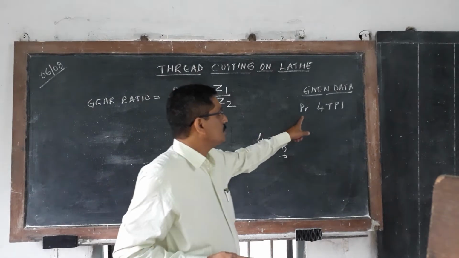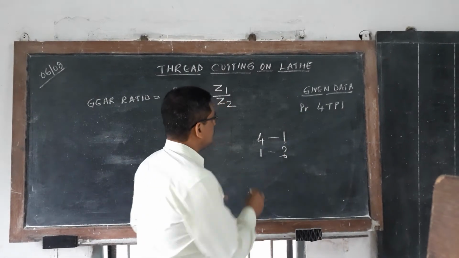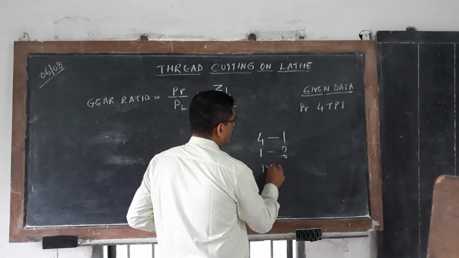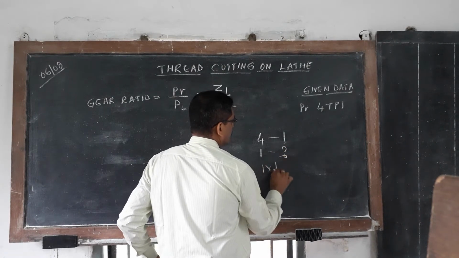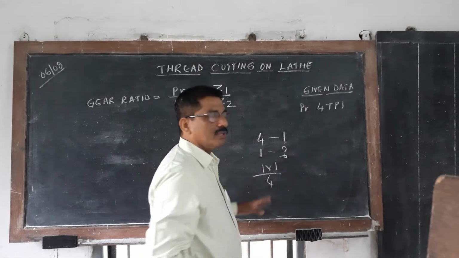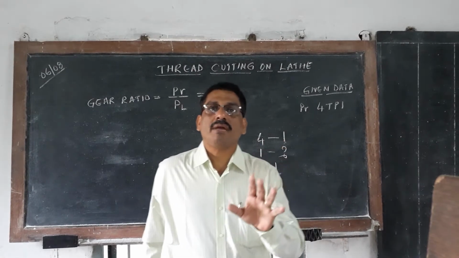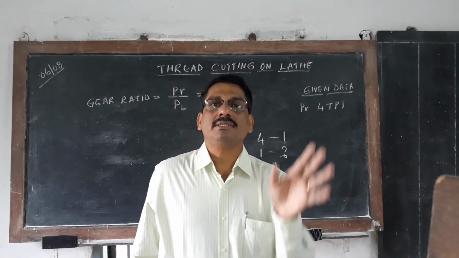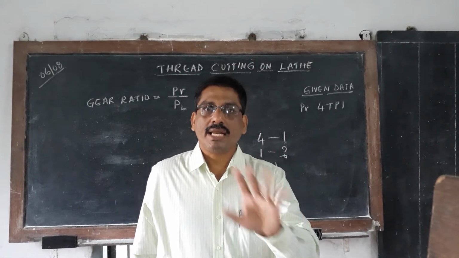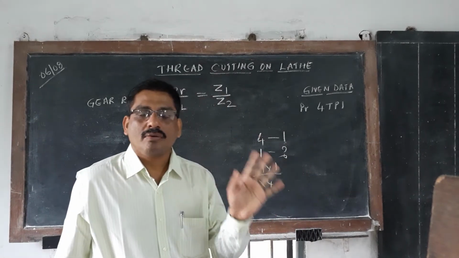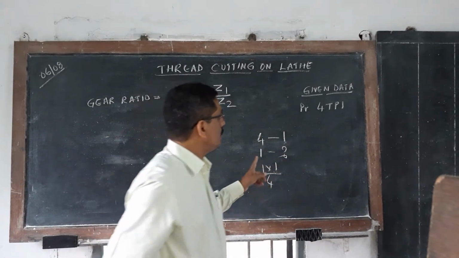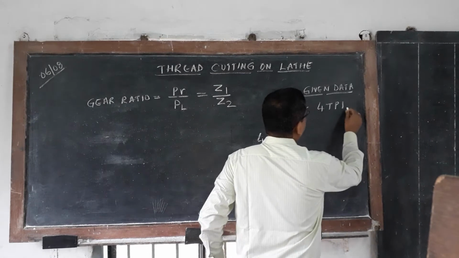So it becomes 1 divided by 4. Everywhere, 4 TPI means 1 by 4, 8 TPI means 1 by 8, like that. Always keep this in mind when you do the calculation. So 4 TPI is nothing but equal to 1 by 4.